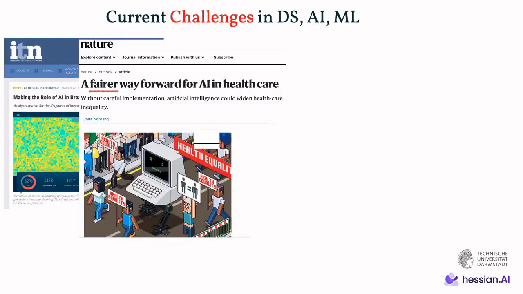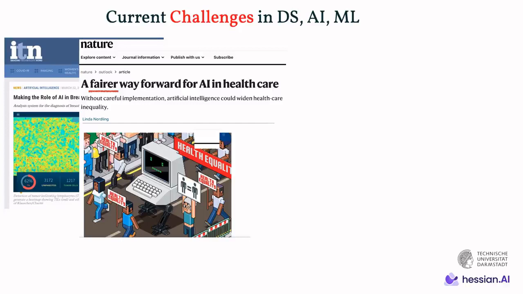So you have these models that are actually in practice. There's a very nice book called Weapons of Math Destruction by Cathy O'Neil. There she speaks a lot about these kinds of models and gives real examples from the United States, where these models are in practice and how they are biased, or how they are basically harming minorities. So that's why we want models in AI to be explainable.